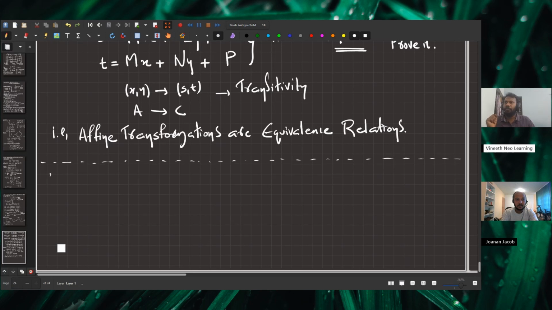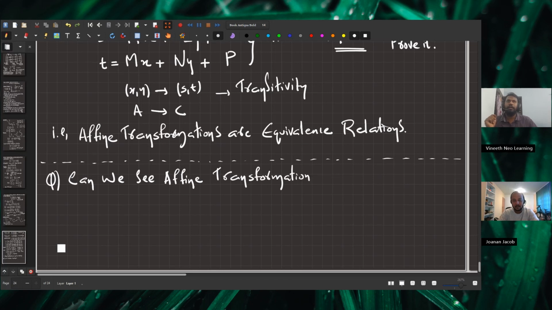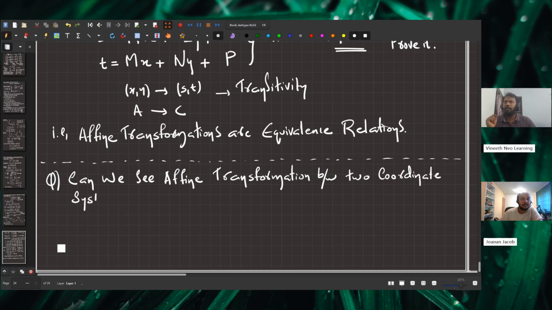That's another important question. Can we see affine transformations between two coordinate systems as linear transformations?